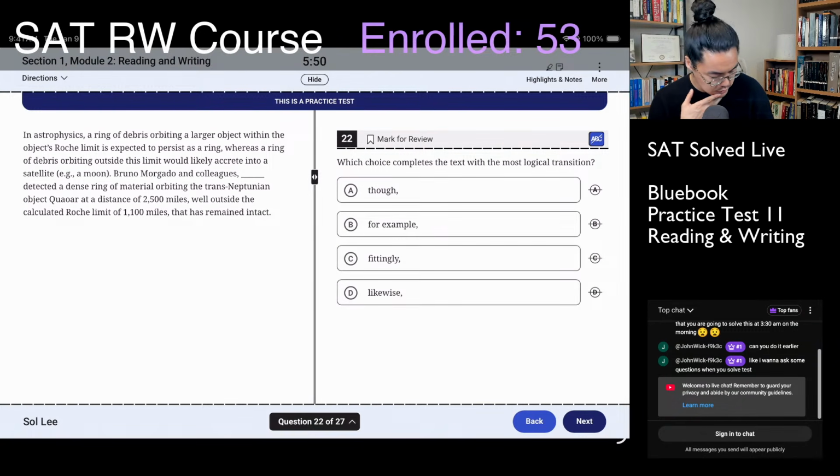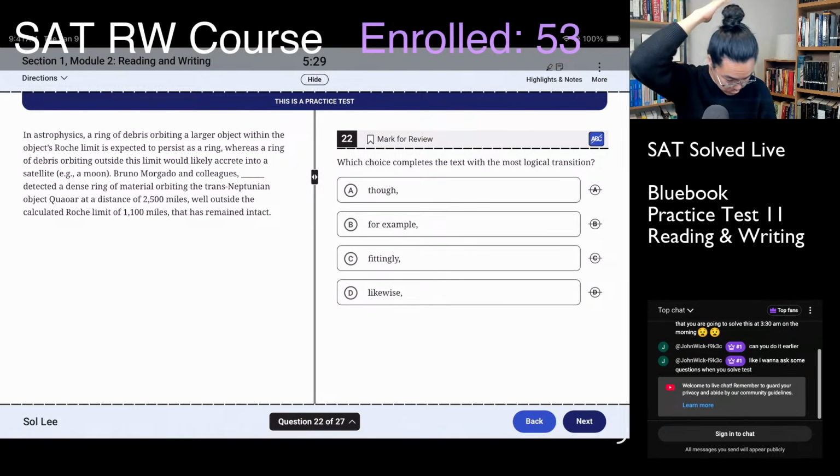In astrophysics, a ring of debris persists as a ring. Well, this is a logical transition question. Whereas a ring of debris orbiting outside the limit would accrete into a satellite. Oh, interesting. Okay. Yeah, okay. Because you swing it further out.